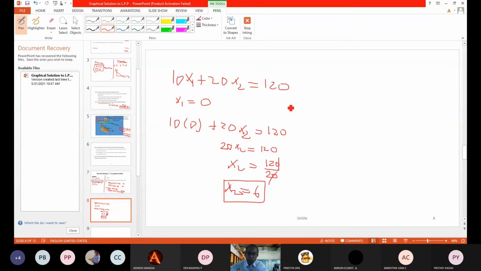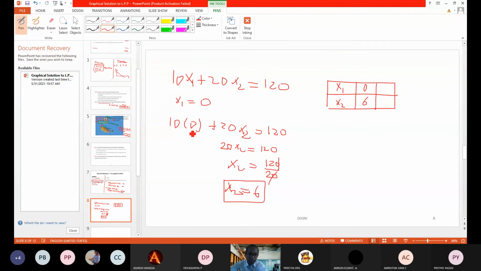You draw a table here, a small table like this, and you follow me as I do. Here we say x1, this is x2. If x1 is equal to 0, x2 is equal to 6.